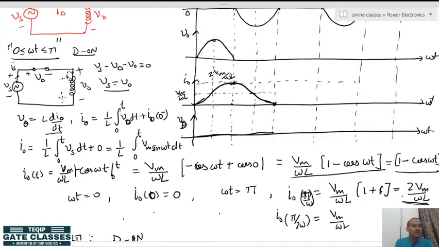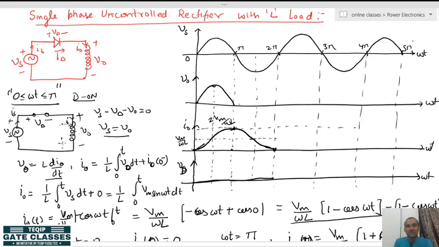But observe that between pi to 2 pi, again the load is following the source value, but this time the load voltage is following the negative of the source value. Why? Because during pi to 2 pi the source is already negative. We can see here the source is already negative, so we will get it like this.